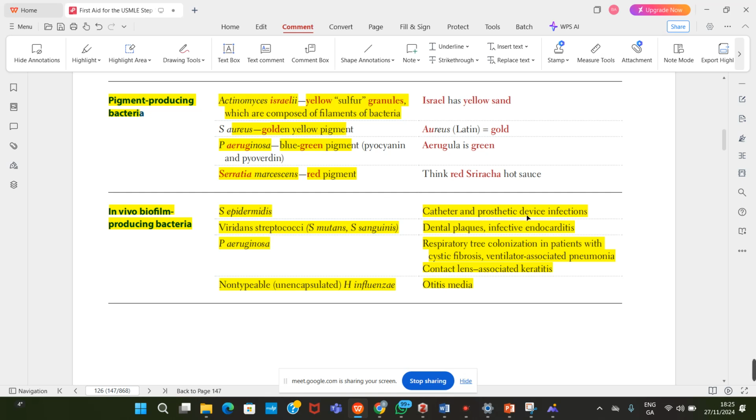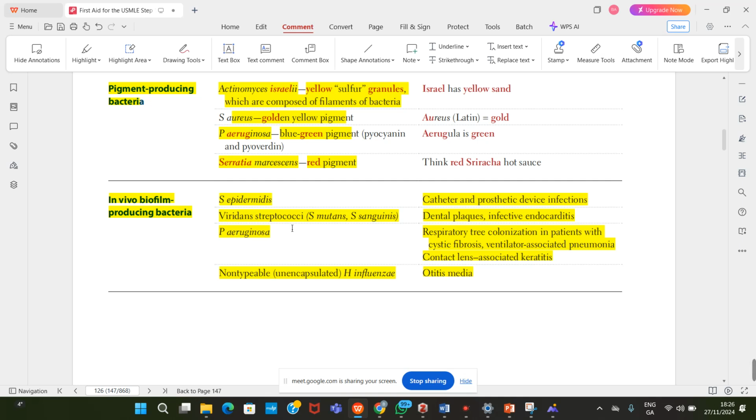If we catheterize somebody or apply prosthetics within the first 3 months, there's a high chance of colonization with Staph epidermidis because it has a tendency to form biofilm. What property of the organism allows for that formation of the biofilm? The slime layer.